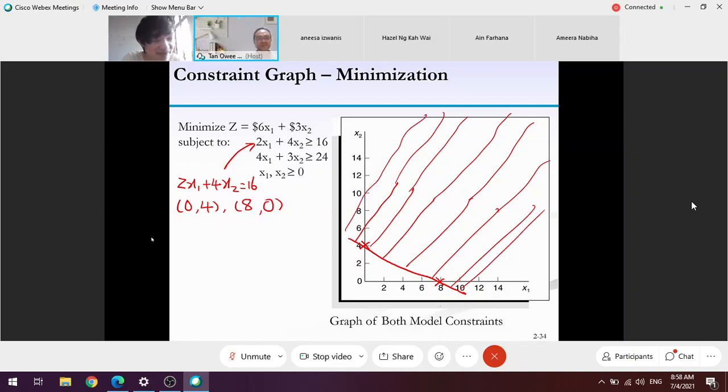Okay, now the second one, using whatever color. The second one is 4 x1 plus 3 x2 equal to 24.